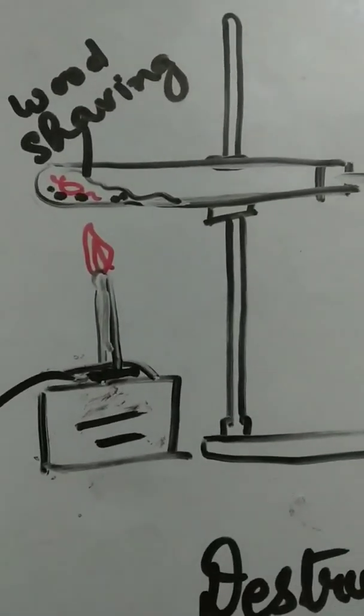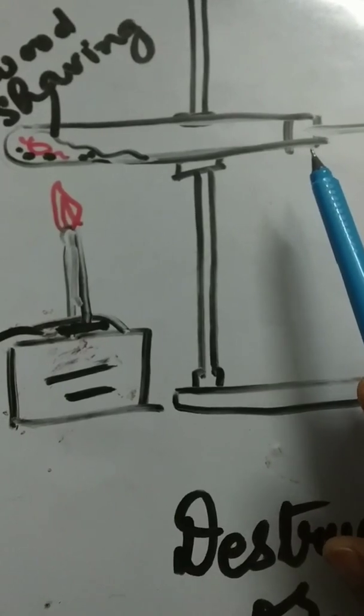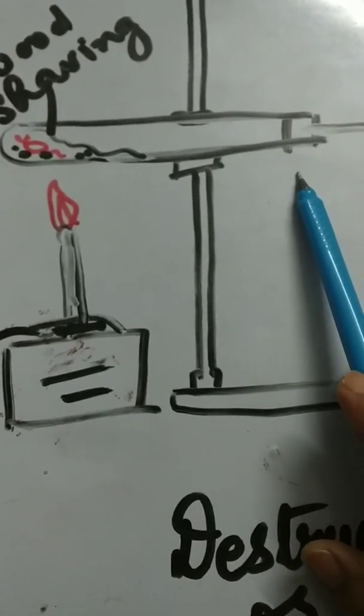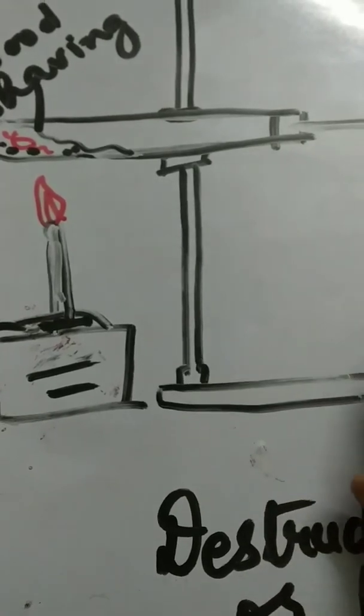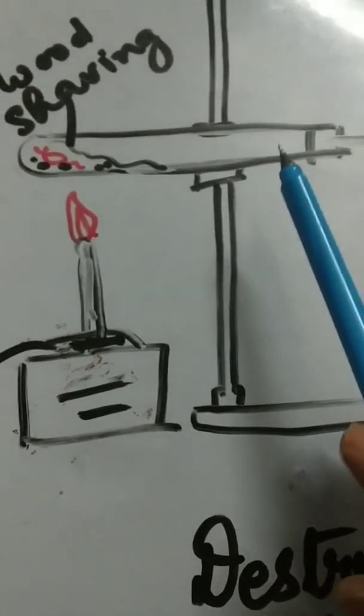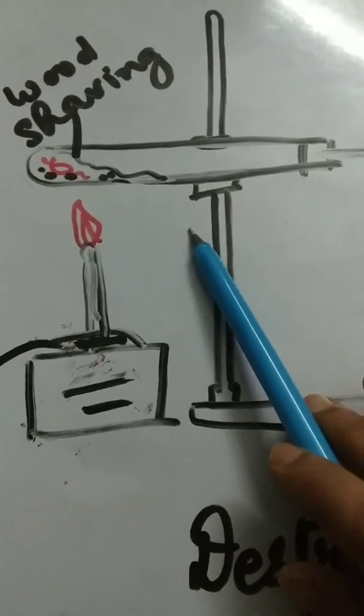In this case, we will take wood shavings in a test tube and close the mouth with a cork, which is fitted with a delivery tube, so that air can't enter inside it. We will heat the test tube.